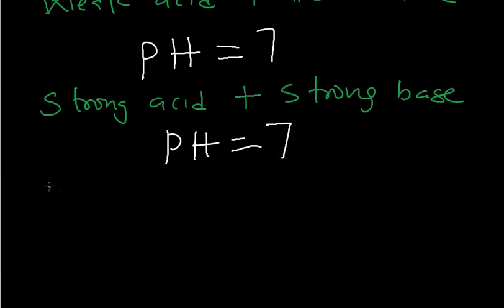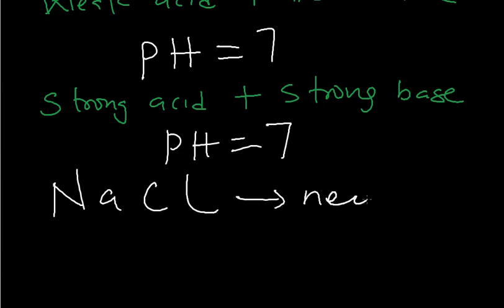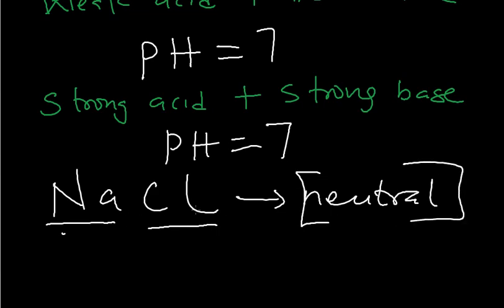And that is why sodium chloride is neutral to pH: it is formed from a strong base, sodium hydroxide, and a strong acid, hydrochloric acid. Those two are strong, so they end up giving you a neutral solution.